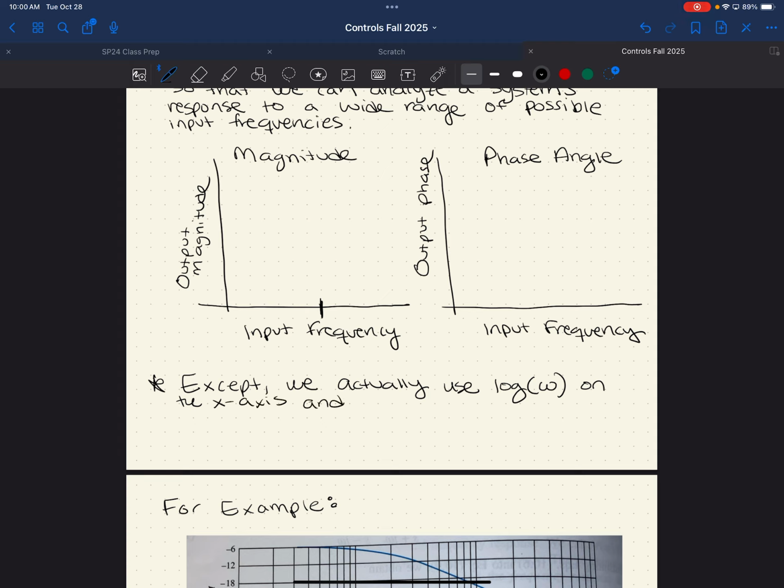And on the y-axis, for the magnitude, we use decibels, which has the unit little d, big B. And a decibel is equal to 20 log of the magnitude instead of raw magnitude.